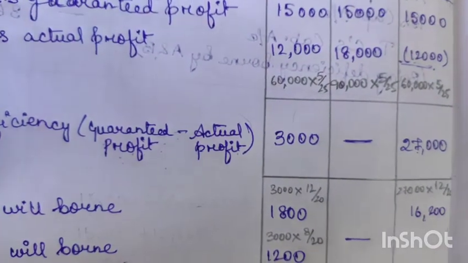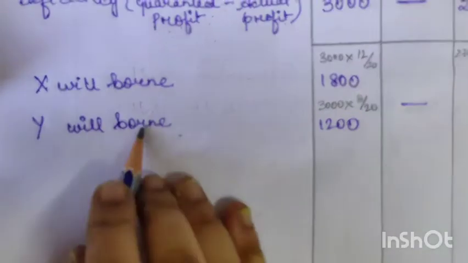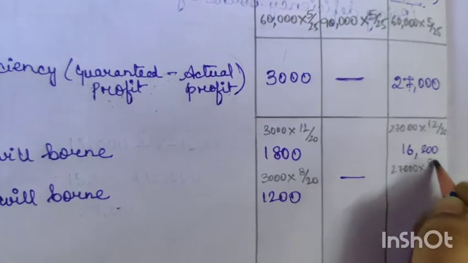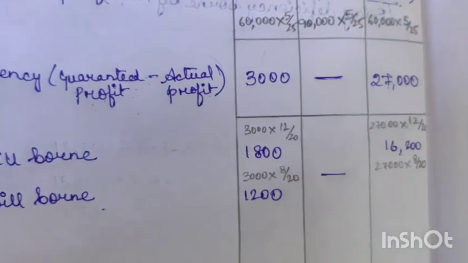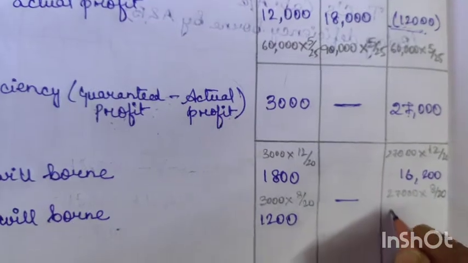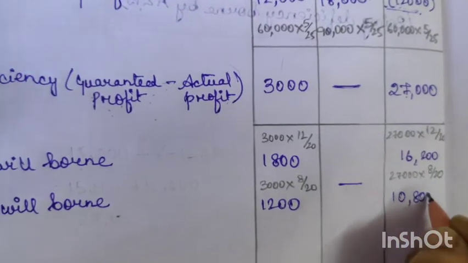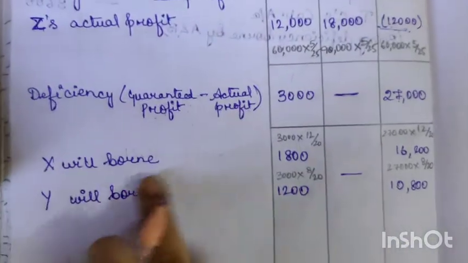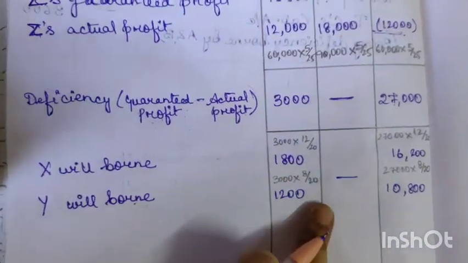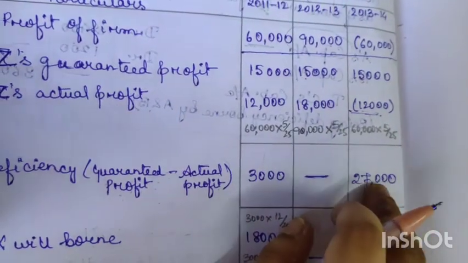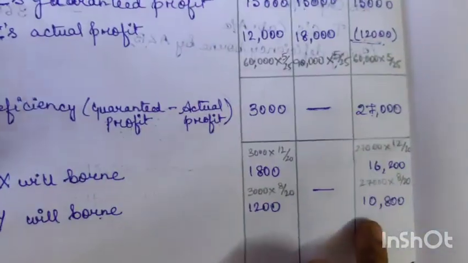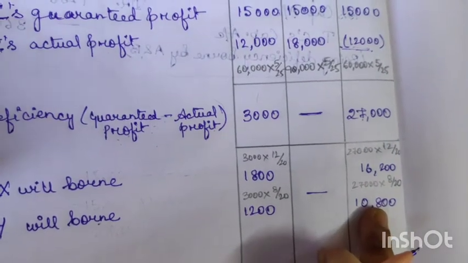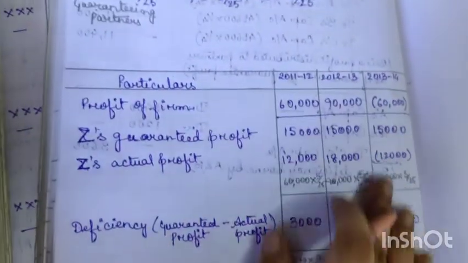And for Y, it will be 27,000 into 8 by 20, so the amount will be 10,800. So in the first year the deficiency is 3000, X will bear 1800, Y will bear 1200. In the third year the deficiency is 27,000, X will bear 16,200 and Y will bear 10,800. So this is the table, or the working note.